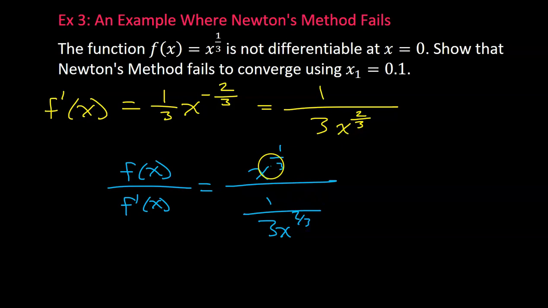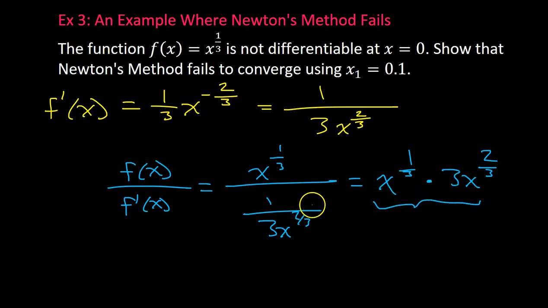Just remember, if I'm going to divide by a fraction, I'm going to wind up multiplying by the reciprocal. So this is the same thing as x to the 1/3 power times 3x to the 2/3 power. You're going to see me type this into my calculator, but all I did was multiply by the reciprocal of this. That's where this is coming from.